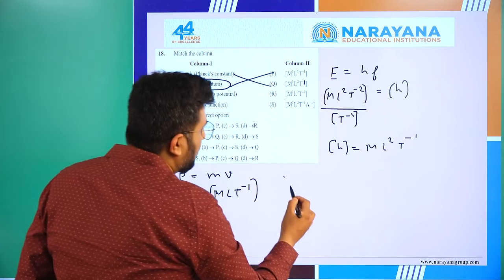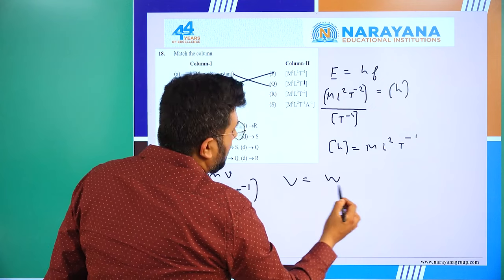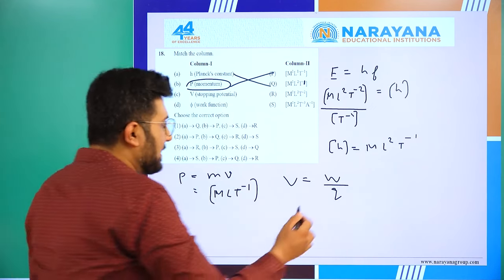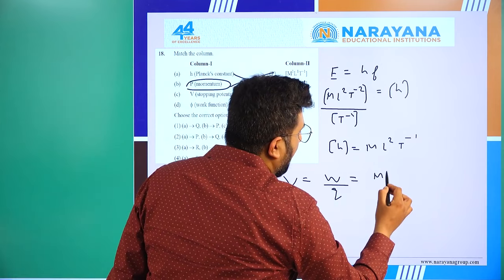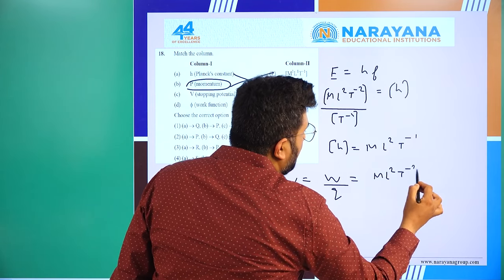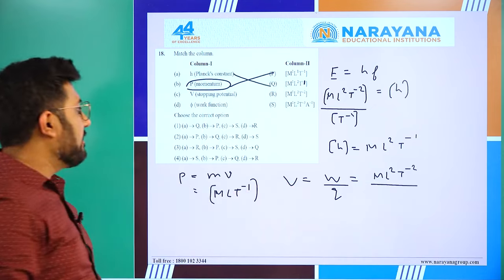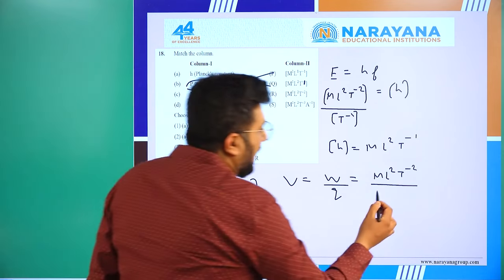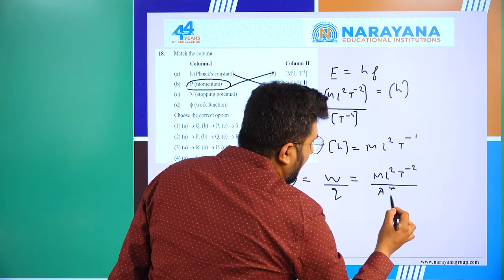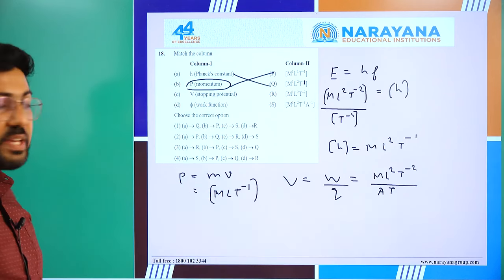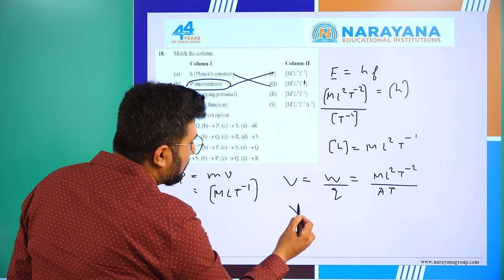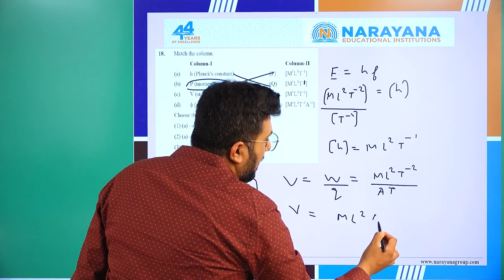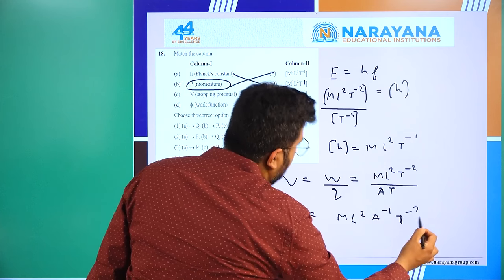So, you know the potential is work done per unit charge. Now, the dimension of work is same as the dimension of energy, ML square T minus 2 divided by the charge. The charge is ampere into time. So, what will be the dimension of the potential? ML square A minus 1 T minus 3.